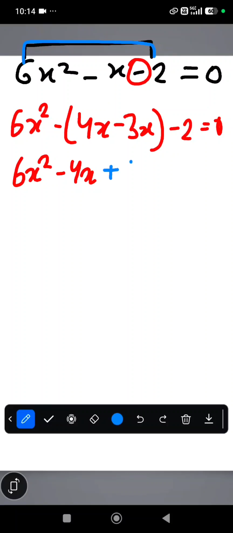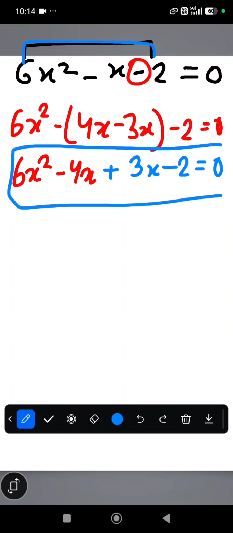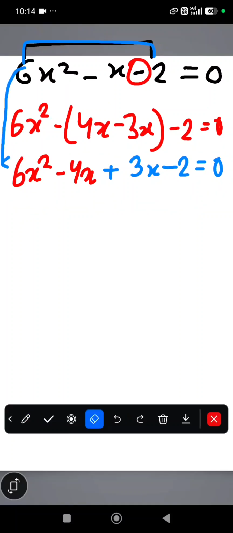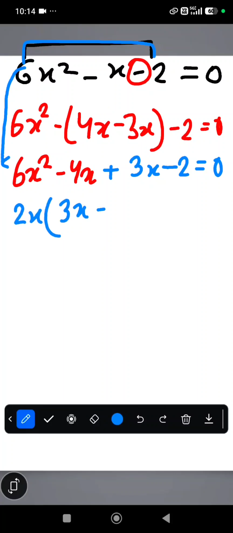So 6x² minus 4x plus 3x minus 2 equals 0. Take 2x common, so it will be 3x minus 2.